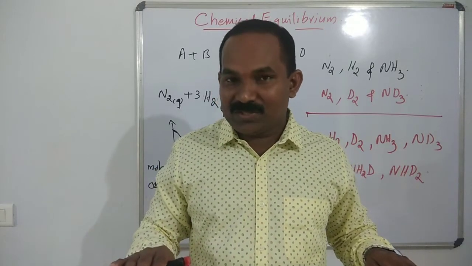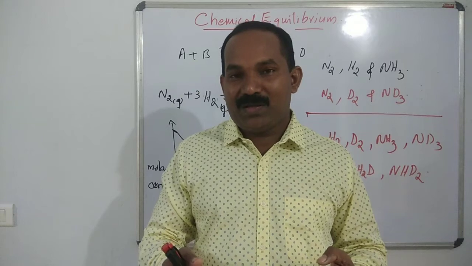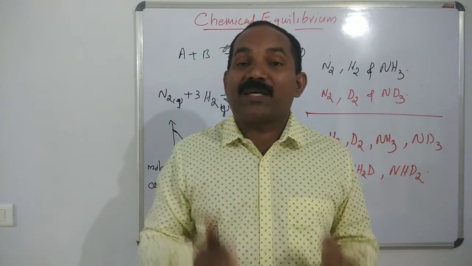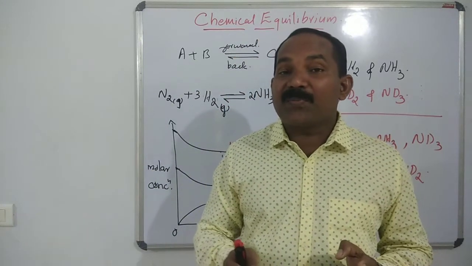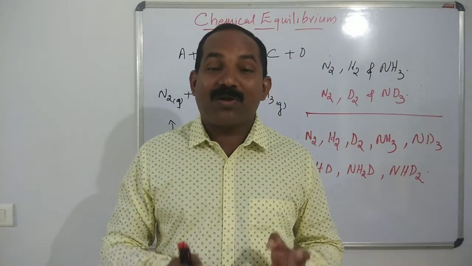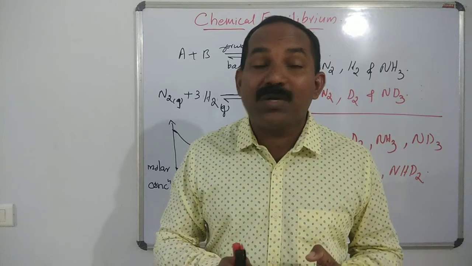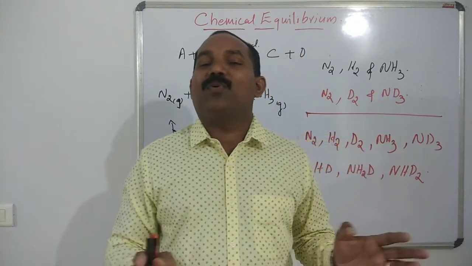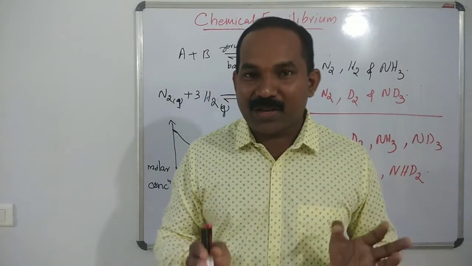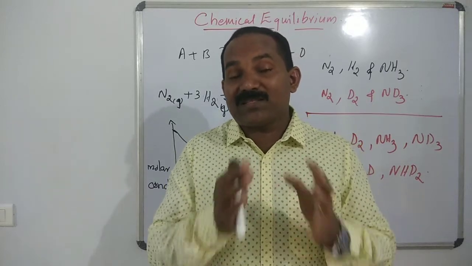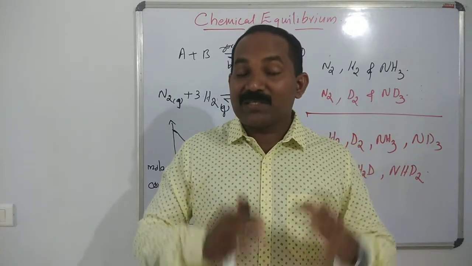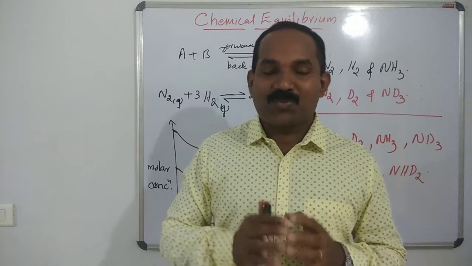It doesn't change, but reactions are going on. So finally we can conclude that at equilibrium the reactions are going on, but the rate of the forward reaction becomes equal to the rate of the backward reaction. Are you clear? So please read this experiment. It is given in your textbook.